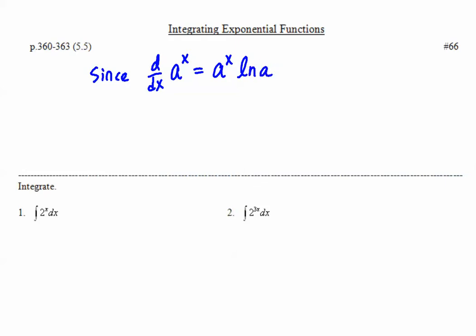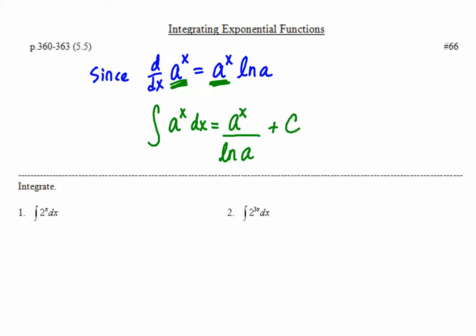Since that's true, we know that the integral of a to the x with respect to x is, well, itself, because itself is in the derivative, but instead of multiplying by the constant natural log of a, I'm doing the opposite. What's the opposite of multiply? Divide. Divide by the constant natural log of a, and of course add plus c.